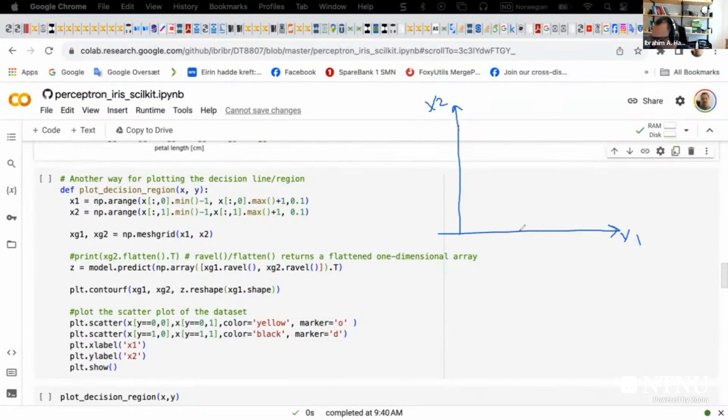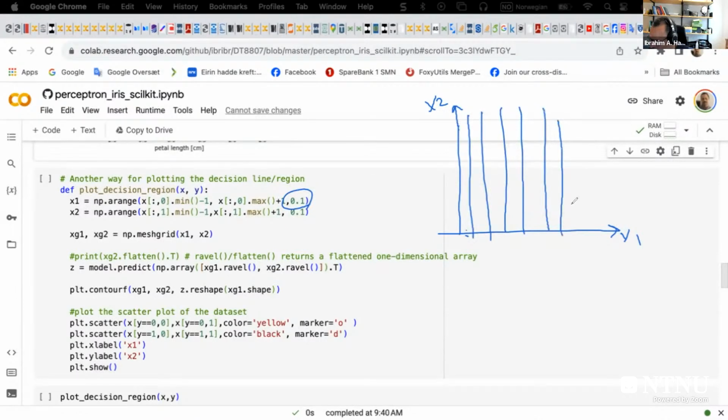I will generate values for x1, all those values, using a step equal to 0.1, for example. So I will try to plot a grid like this one. I will get all those data points for x1, from here, all those data points. And I will do the same for x2, so I will get those points.